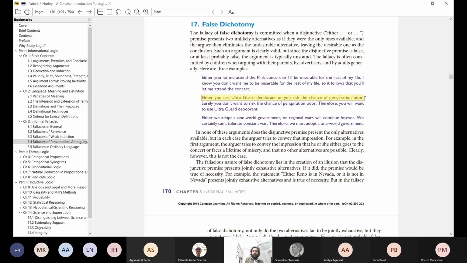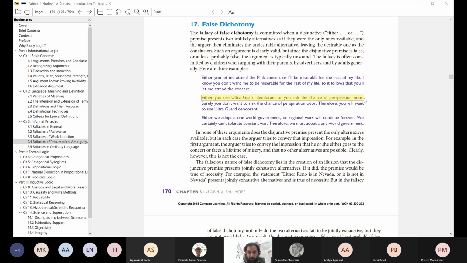I think that may be true, but for a false dichotomy, the either-or conditions are not exhaustive. But what Aditya is saying is that they aren't mutually exclusive either. Nice, that's a nice way of putting it.